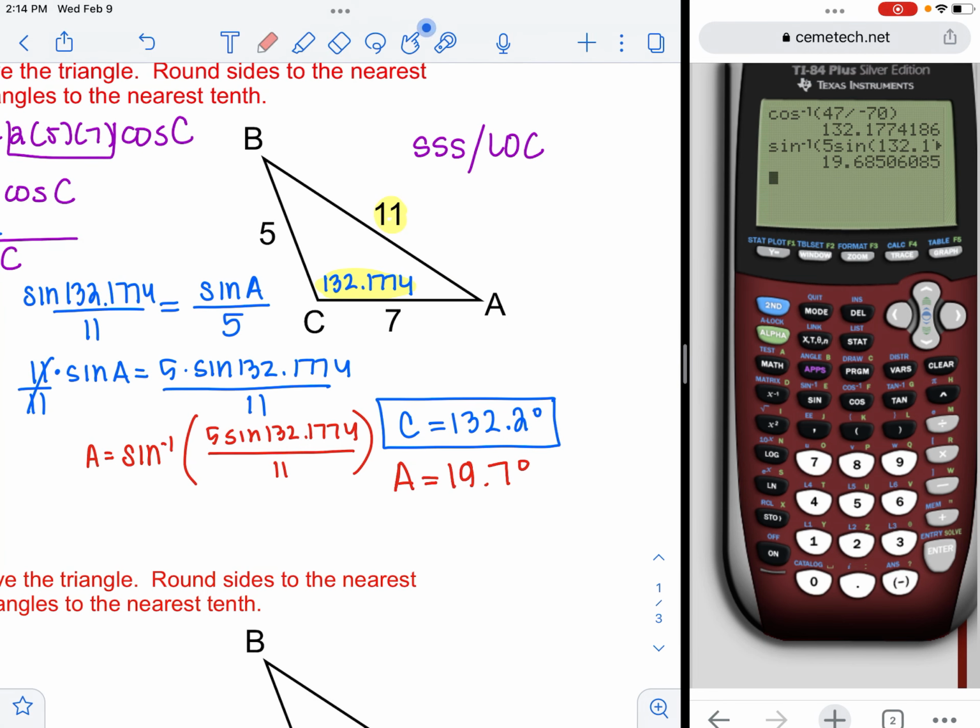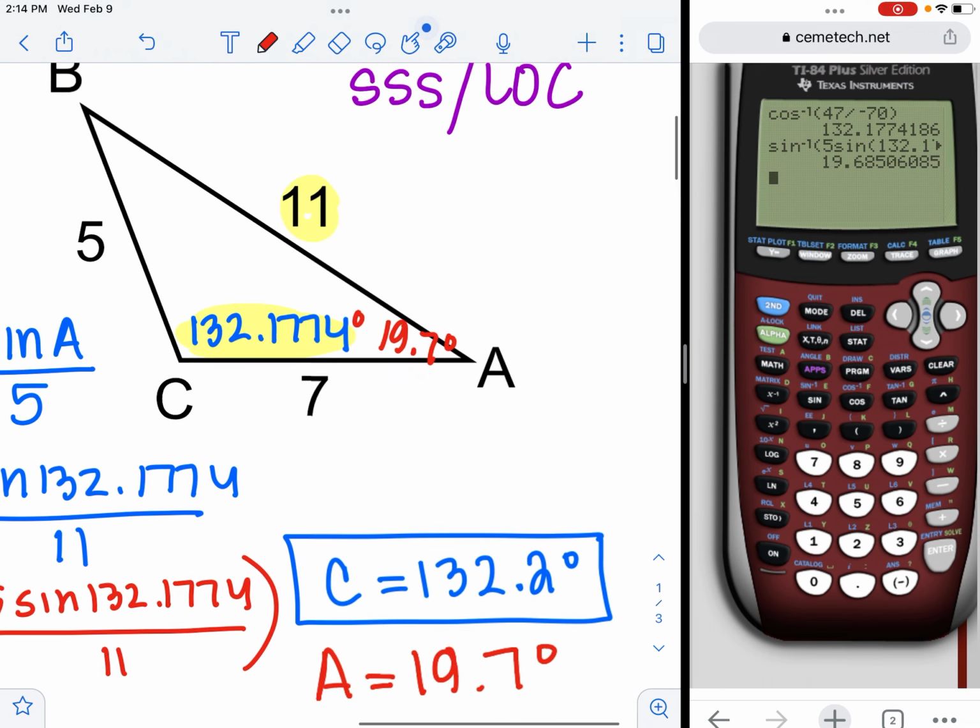So now I'm going to add that to my diagram. I'll erase the A I wrote in there and put 19.7. And now I see I only have one angle missing from my triangle. So I'm going to add those two, 132.1774 plus 19.7, and then I'll subtract 180 minus that.